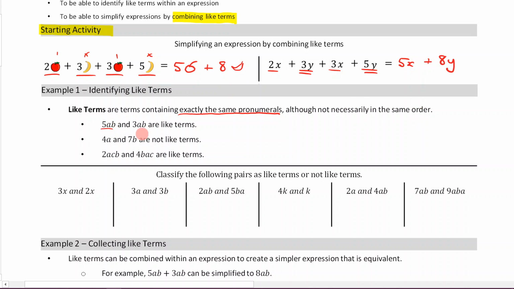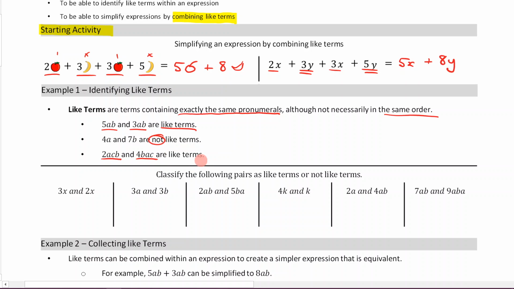So 5ab and 3ab are like terms. 4a and 7b are not like terms because a and b are different. 2acb and 4bac are like terms, and the reason why they're like terms is because they contain exactly the same pronumerals, even though they're not in the same order. What really matters for like terms is that they're exactly the same pronumerals. They don't have to be in the same order.